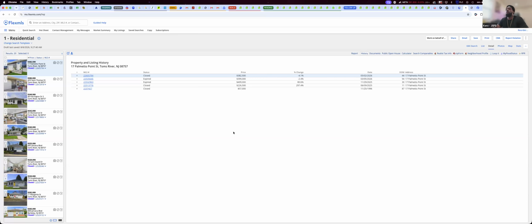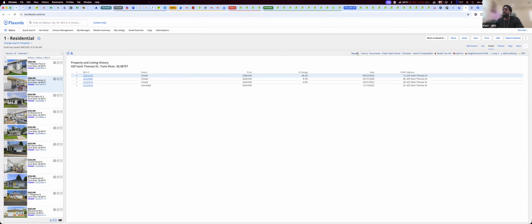All right, we'll let this load up. It looks like the tax website is down. But the listing history tells me what it was bought for. They bought it for 226.5 and sold for 382.5. So that's a good comp to add.